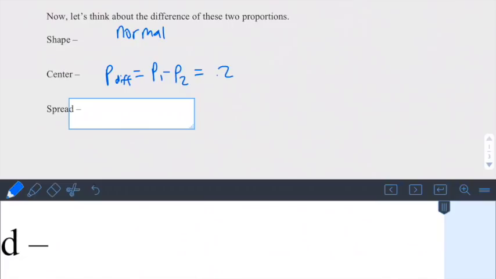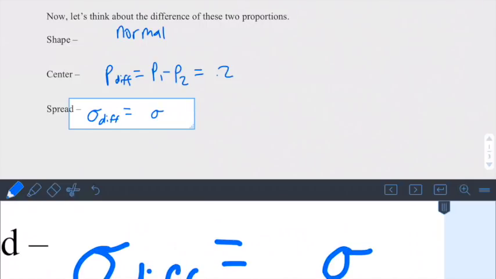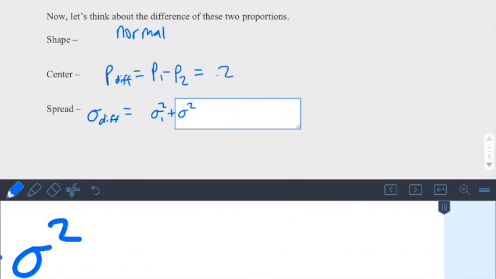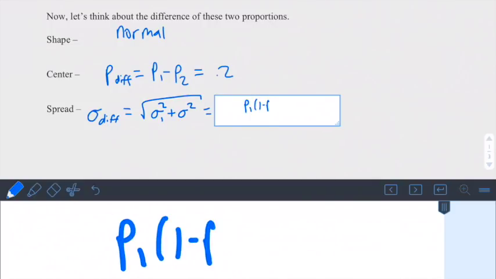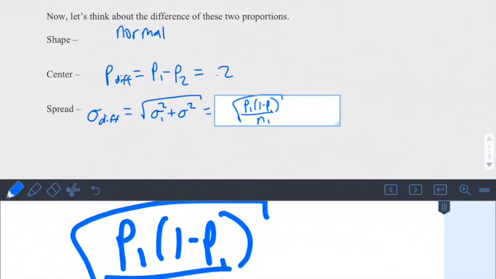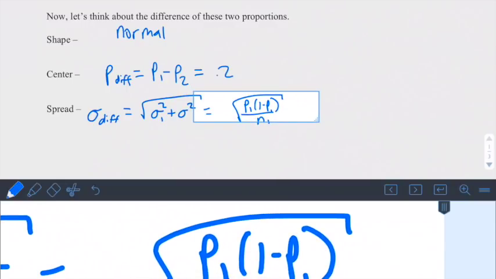And the spread, well, standard deviations don't add, variances do. Our difference will have the square root of sigma 1 squared plus sigma 2 squared. So what this looks like is the square root of p1, 1 minus p1 over n1, and then squared, right?